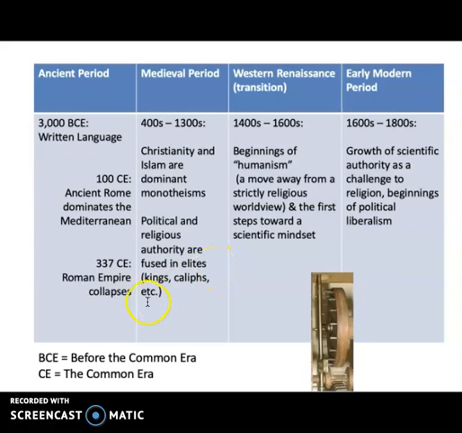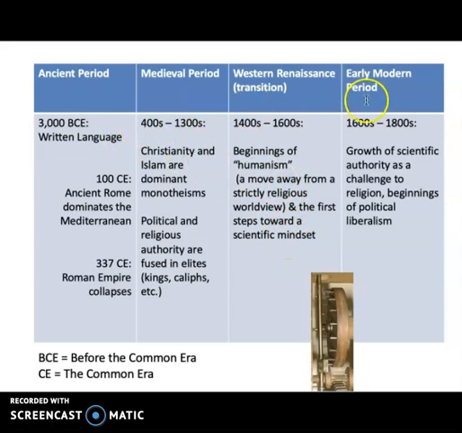So whether you're a king or a caliph, you are both a political and a religious leader. And your authority is based on your religious preeminence, not just your political power. They're inseparable. As we move into the Renaissance, we'll start to see a slight shift from this strictly religious worldview and the beginnings of science.